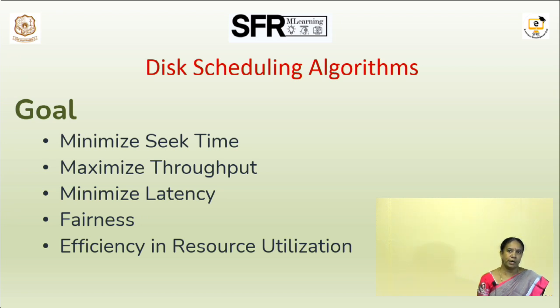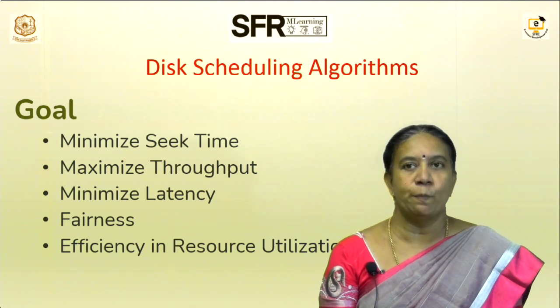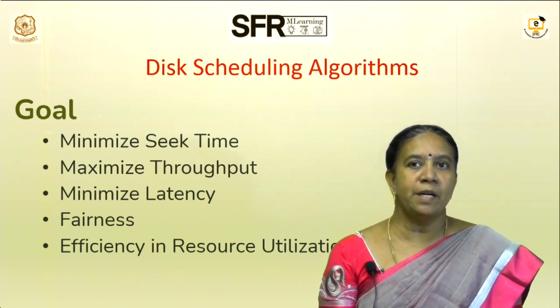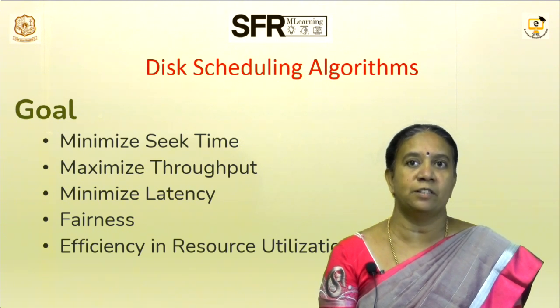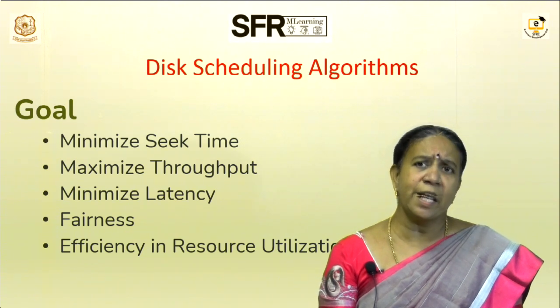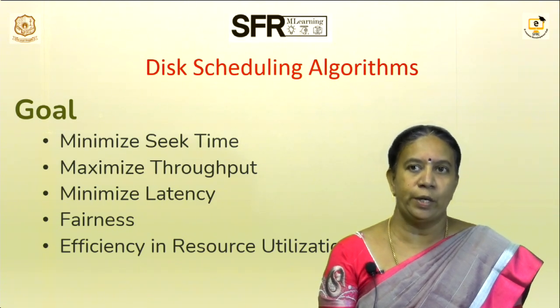The main goal of the disk scheduling algorithm is to minimize the seek time and maximize the throughput. It also minimizes the latency and ensures fairness. Fairness means every request has a chance to be serviced. Then efficiency in resource utilization is also an important goal of disk scheduling algorithms.